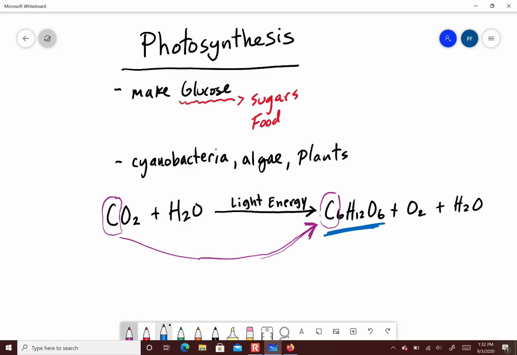It's kind of the best way of thinking about what this CO2 is: a carbon source for the plants to be able to make their own carbohydrates. Okay, and remember that this glucose, this carbohydrate, is our goal for this reaction. Before in cellular respiration, the goal was to make ATP. Now the goal is to make glucose, to make food.